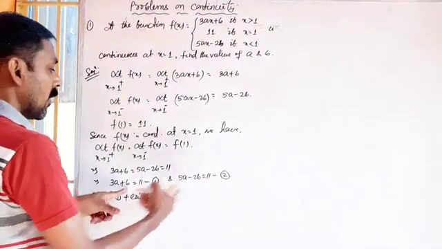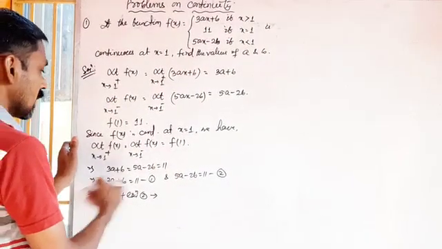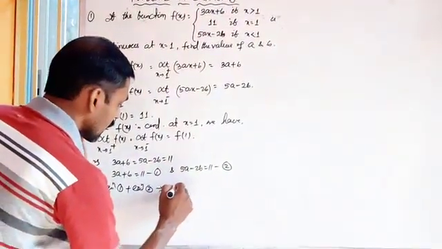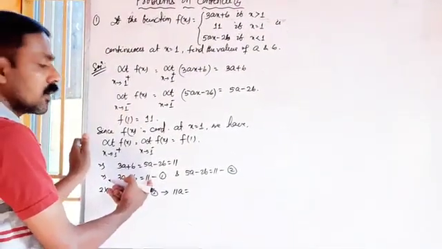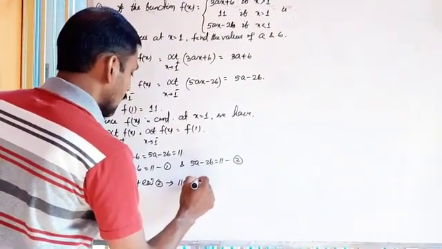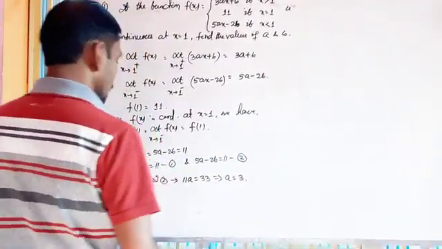And equation 2 is 5a minus 2b. So adding, plus 2b minus 2b will be cancelled, and this is 6a plus 5a, it will become 11a equal to 11 into 2, 22, plus 11, 33. So this implies a equal to 3.